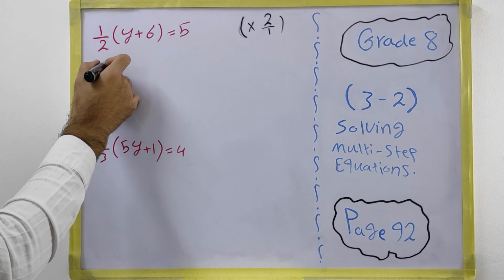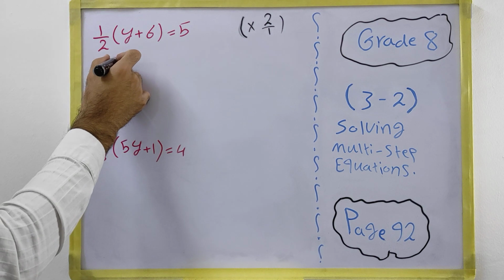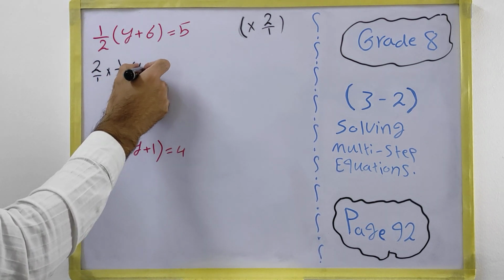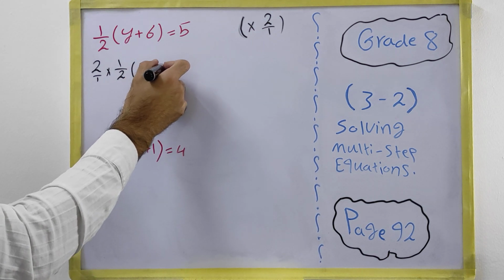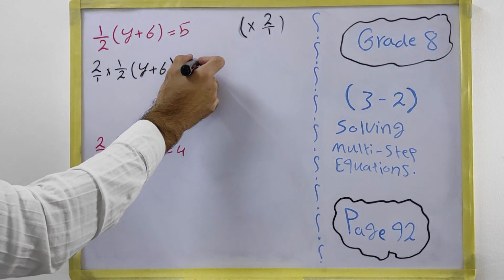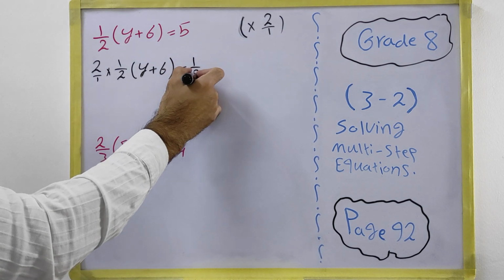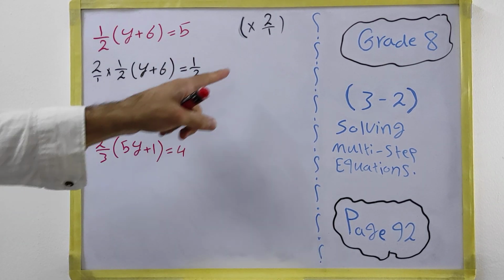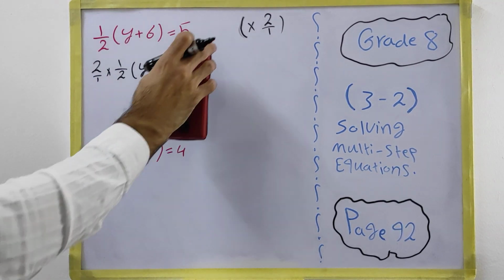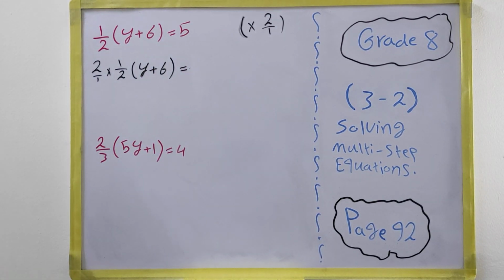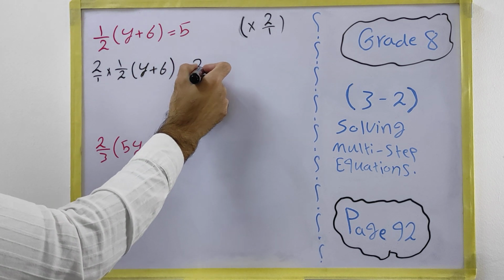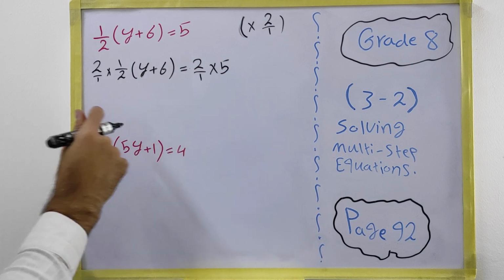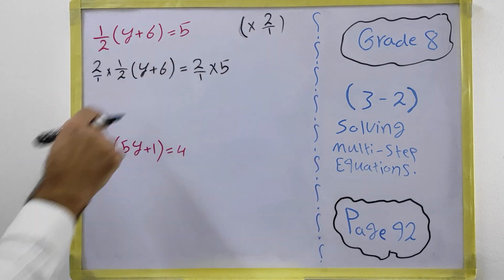So 2 over 1 multiplied by 1 over 2, y plus 6, equals 10 over 1. We multiplied both sides by 2 over 1.